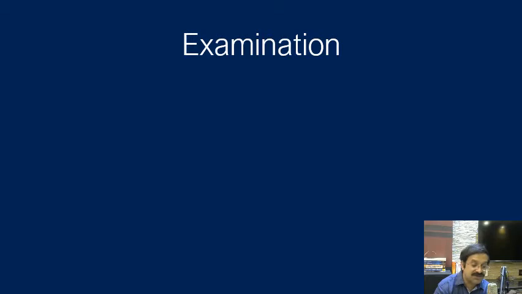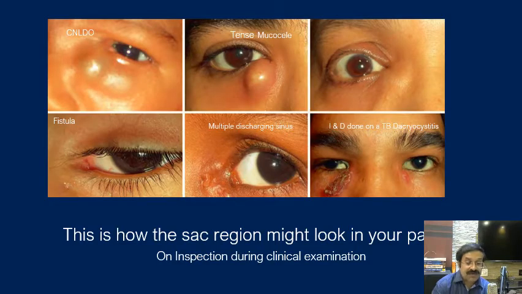Now the examination. If you look at this slide, you will find there are certain pictures, and this is how the sac region might look in the case which you'll be given. The first one is an infant, obviously, with a congenital nasolacrimal duct obstruction, and this can be safely omitted because you'll not be given an infant.